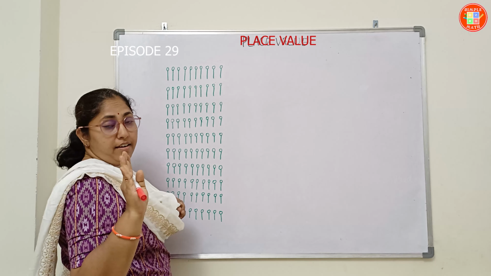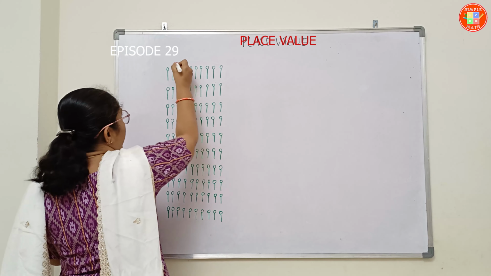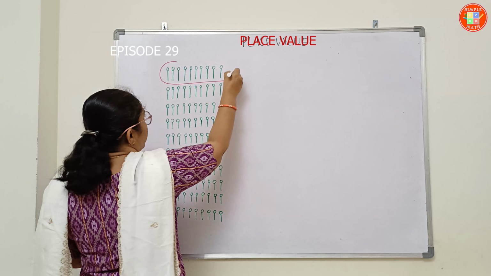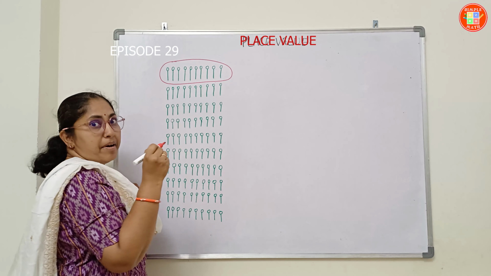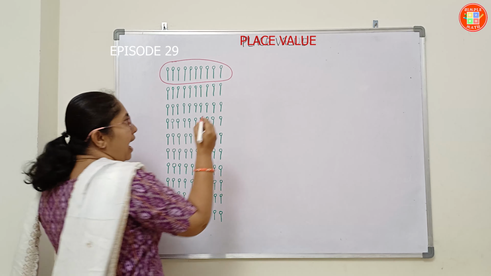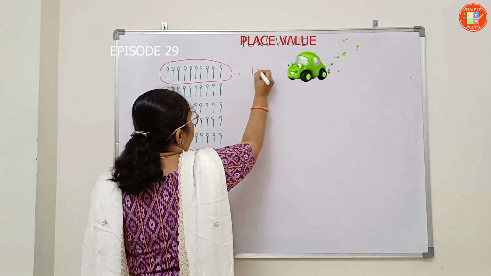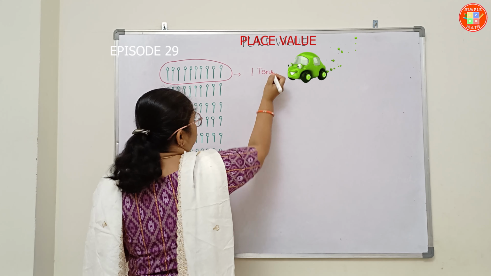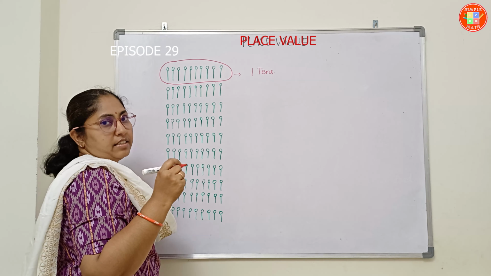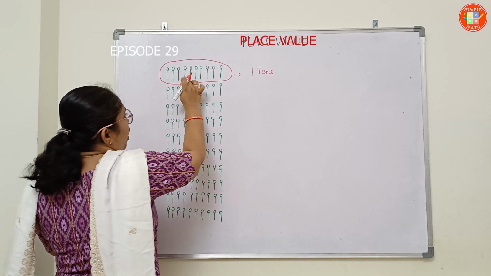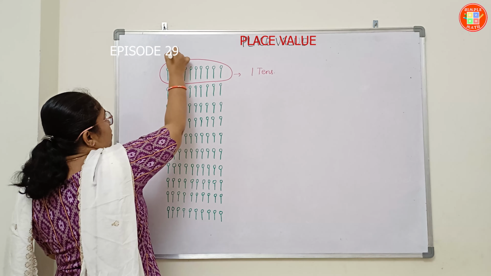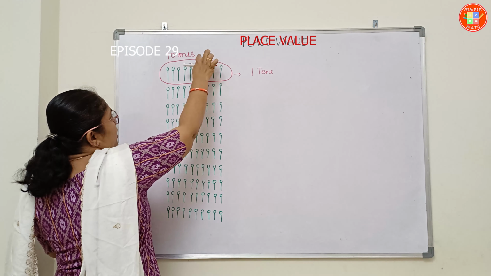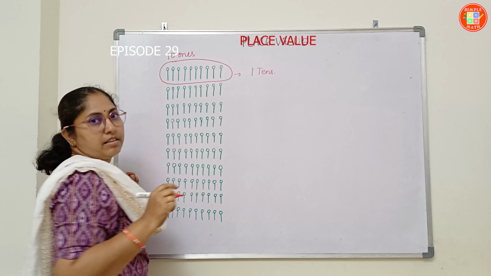You stop here at the 10th place and then you circle this as one bundle. Right? You remember we circle them as bundle and we write here 1 tens. So these are all single ones. So 10 ones is equals to 1 tens.